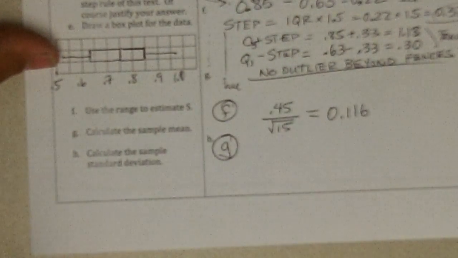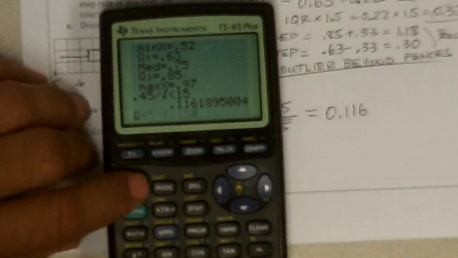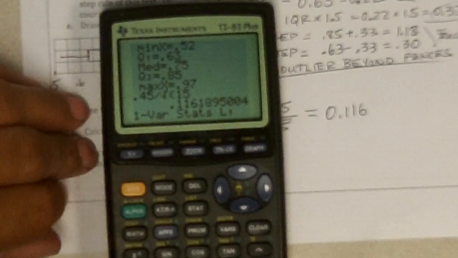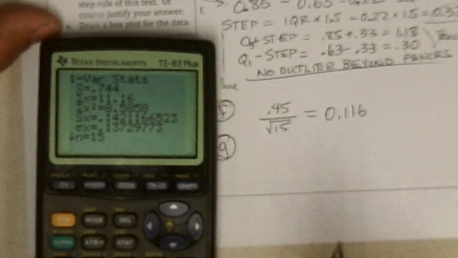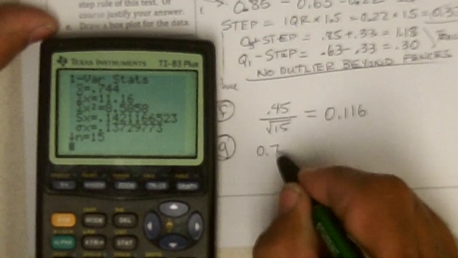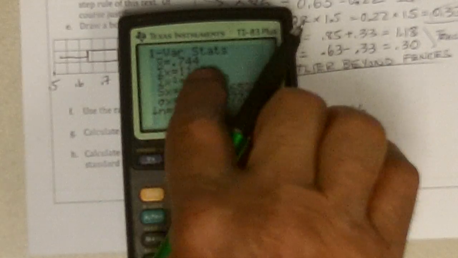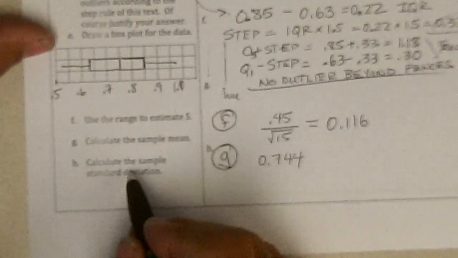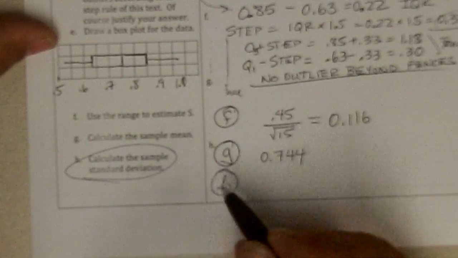G. Calculate the sample mean. Now I did that. Add them up and divide by 15. I did it on the calculator here, and there's the sample mean. And then calculate the sample standard deviation.